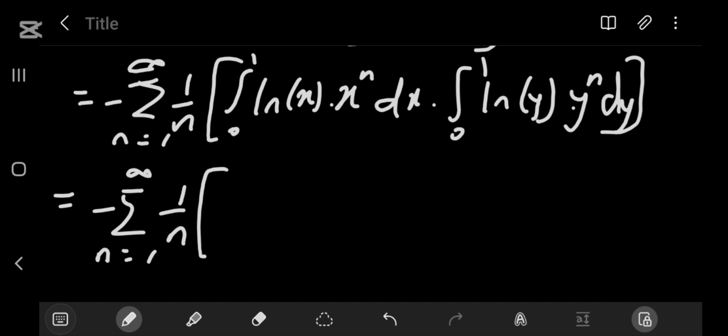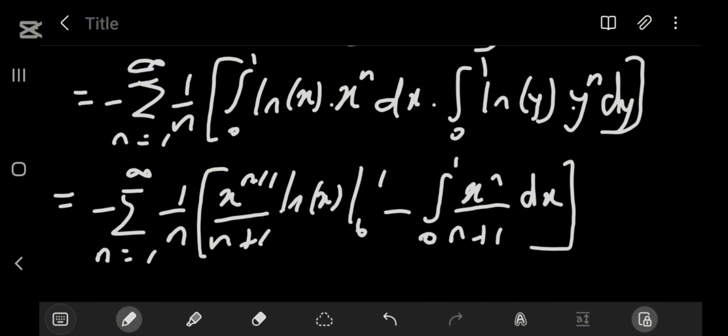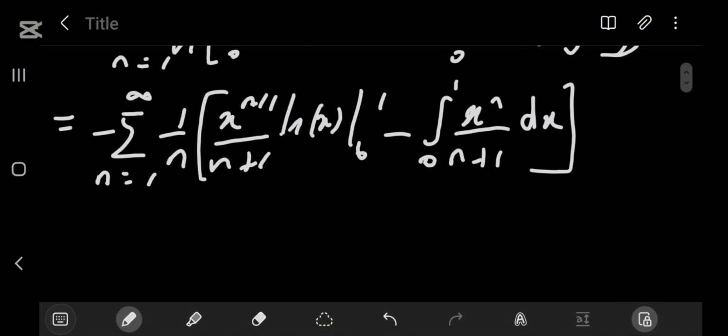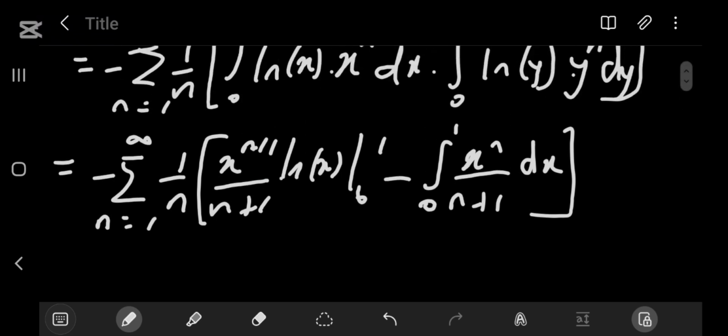If we integrate the first one, we get x to the power n plus 1 over n plus 1 times ln x, from 0 to 1, minus the integral from 0 to 1 of x to the power n over n plus 1 dx. We can similarly do that for the y part also, so we will get the same answer. First let us solve this first one.